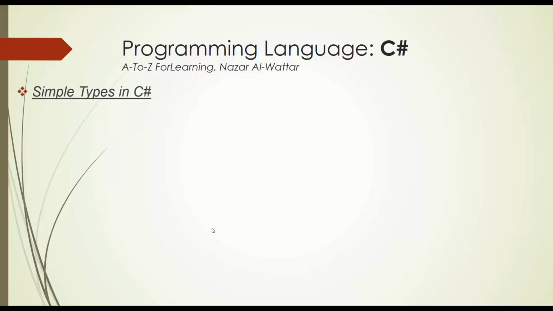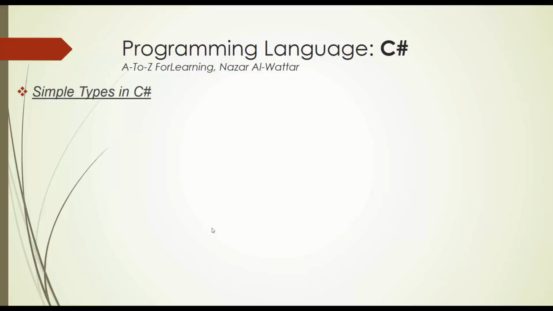As we have discussed earlier in the previous lessons, a C# program consists of some blocks, and these blocks consist of these types. So we will use these types to build our programming code or our programming blocks in C#.